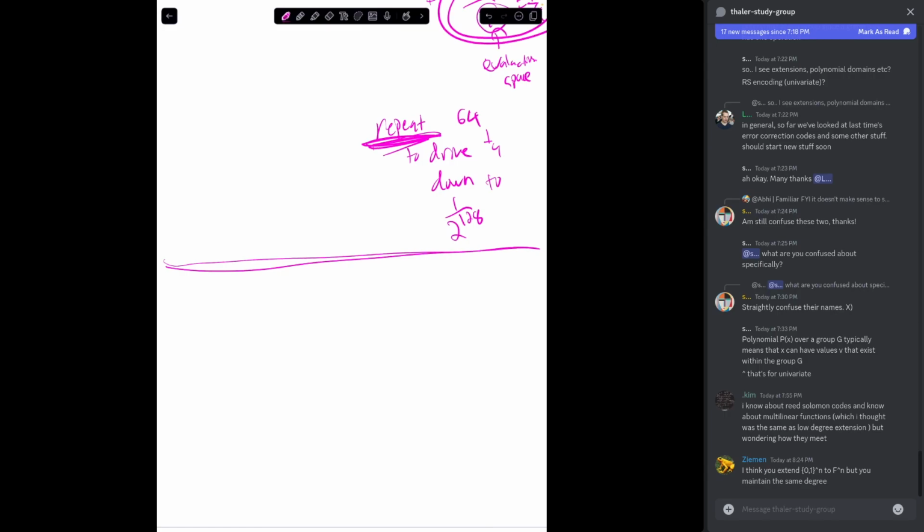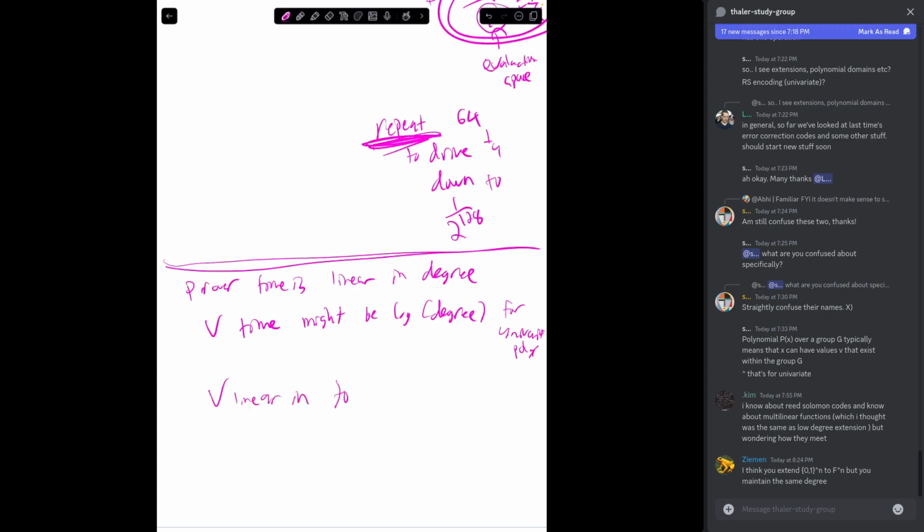Typically in these snarks as well, the prover time is often linear in the degree, and the verifier time, depending on your snark, if you're talking about univariate polynomials, might be logarithmic in the degree. If you're using multivariate polynomials, the verifier time might be linear in the total degree.